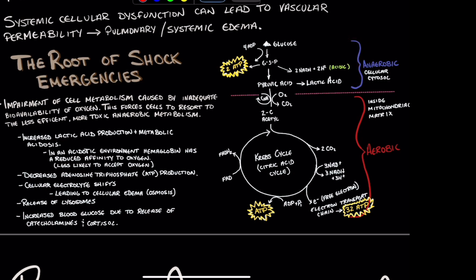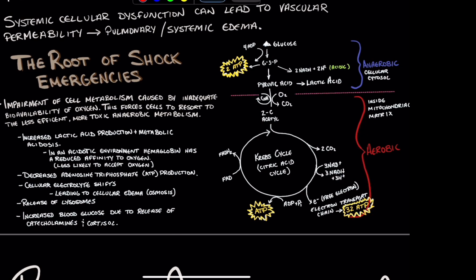If you're looking at this while I talk, the top half here will be your anaerobic metabolism. This is what happens inside your cells all throughout your body. Anywhere in your cell, if you remember from grade 7 and grade 8, in the cytosol, which is basically the jelly inside of the cellular membrane, this is where your anaerobic metabolism starts. The bottom half here, your aerobic metabolism, is what happens inside the mitochondria.